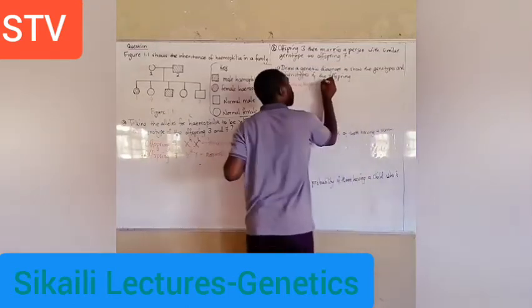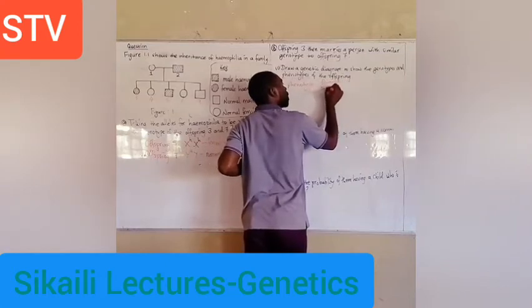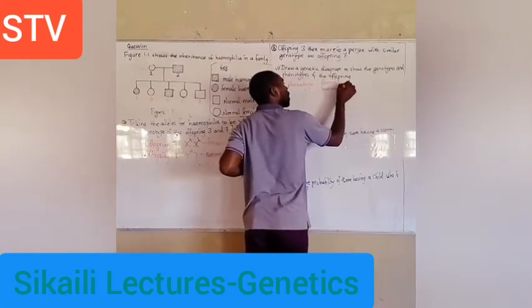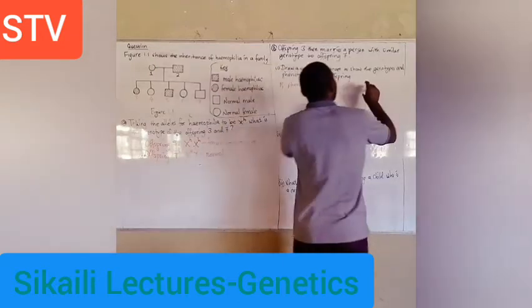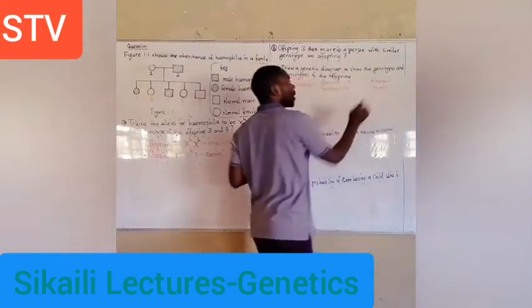So I'm going to write female haemophiliac. We have normal male, that's what you write. So I've written normal male.